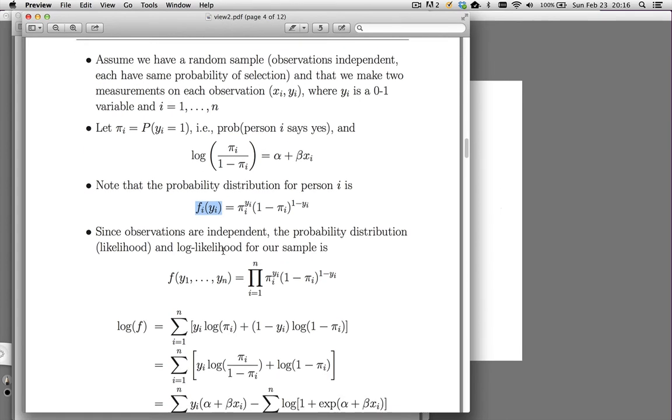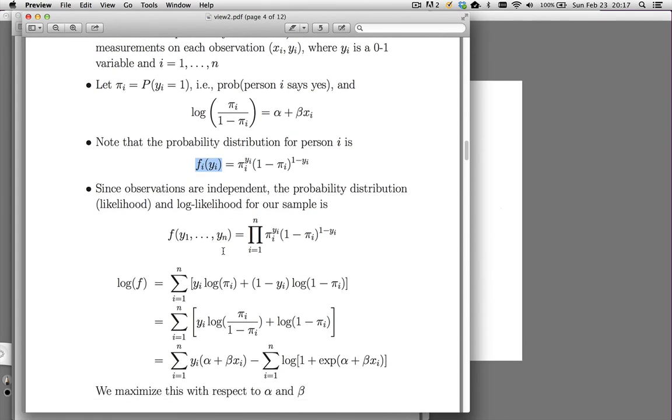Now, since our observations are independent, the likelihood is just going to be the product of all these things. So we're going to multiply across, and my goodness, this product goes all the way up to n, so we don't want to try to take derivatives of these products in this case. So let's go log it.